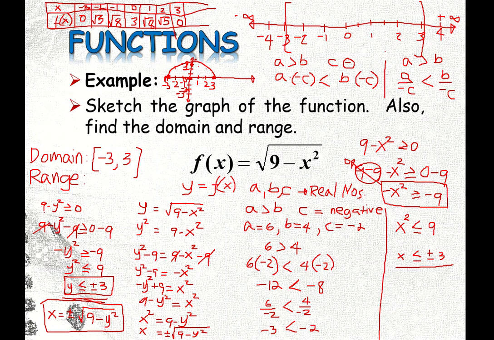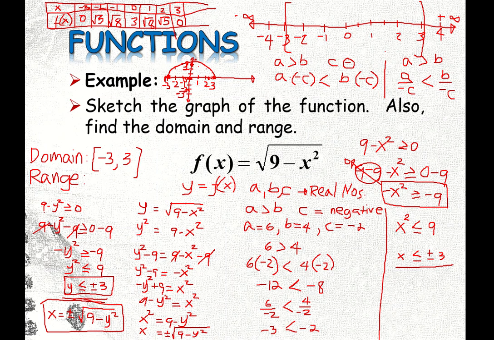So it's here, 2 point something, so it's somewhere here. Okay, when y is -1, square root of 8, that is 2 point something, still almost 3, so it's here at this point.